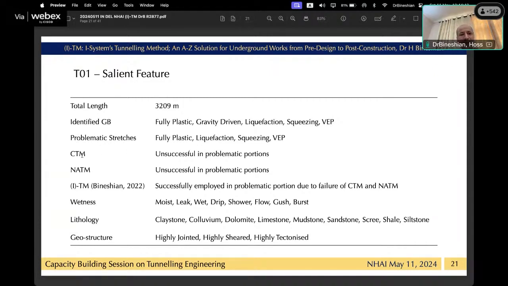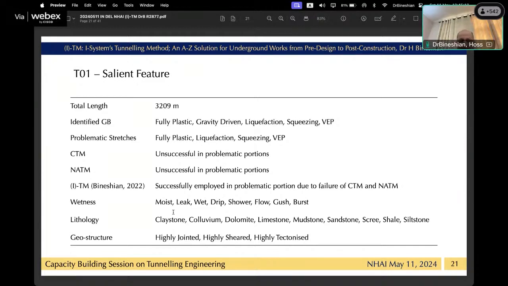The conventional tunneling method was completely unsuccessful in problematic portions, meaning in the fully plastic, liquefaction, squeezing, and viscoelastoplastic sections. NATM was also completely unsuccessful in those portions. ITM was successfully employed in the problematic portion due to the failure of the conventional tunneling method and NATM.